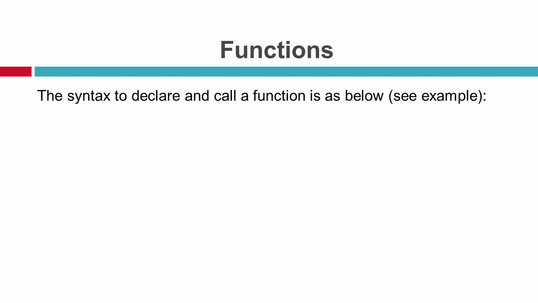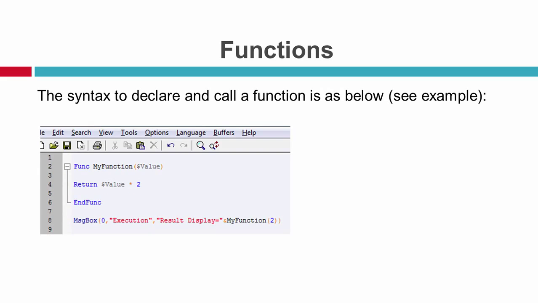For the functions, the syntax to declare and call a function is as below. We call a function by just calling the name of that function with the suitable arguments, and the implementation uses the keywords Func and EndFunc, plus Return if you want to return a value after a calculation, for example.